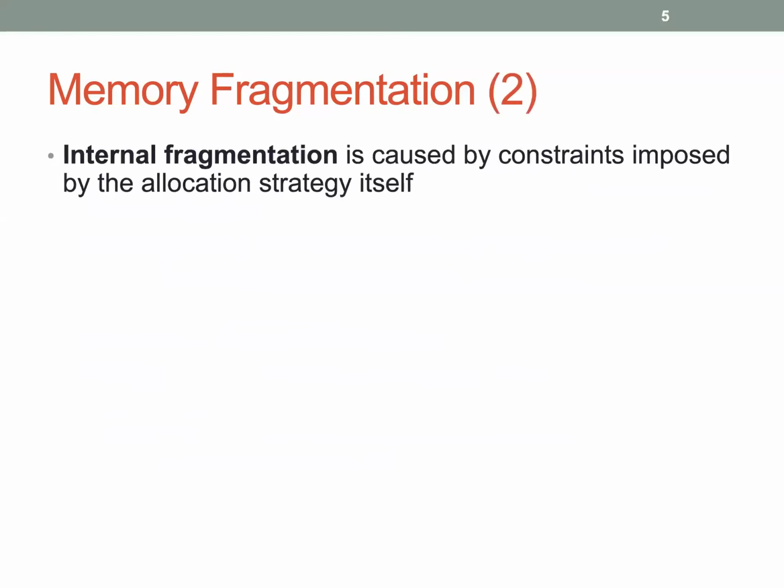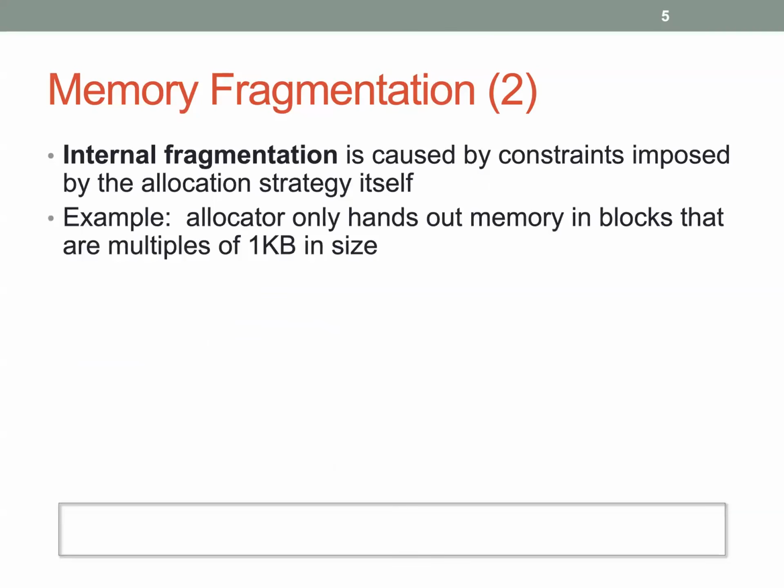So that's one issue. Another issue is internal fragmentation, which may be due to the way the allocator manages the memory pool. So internal fragmentation is fragmentation just due to the design of the allocator. So let's say that the allocator only hands out memory blocks that are multiples of a kilobyte.